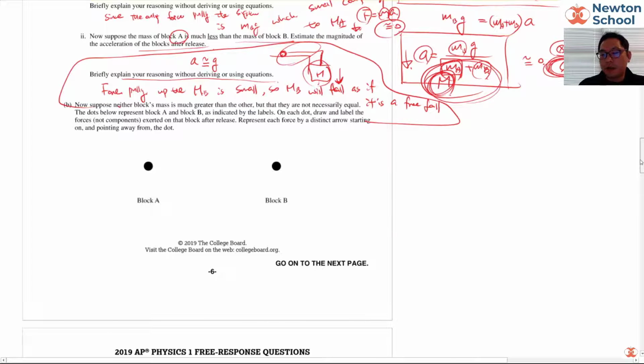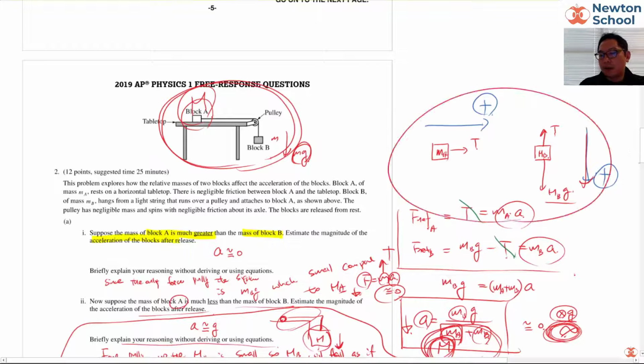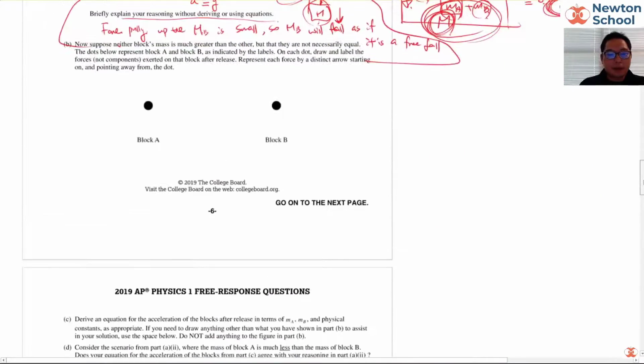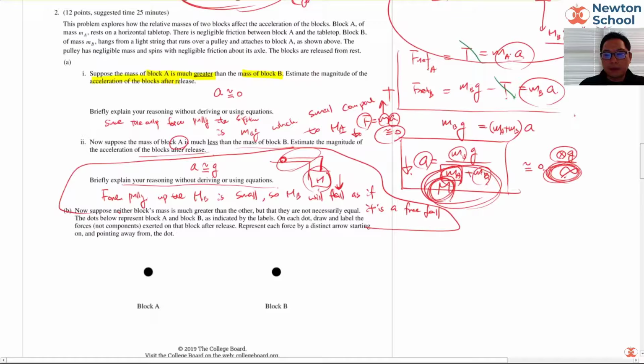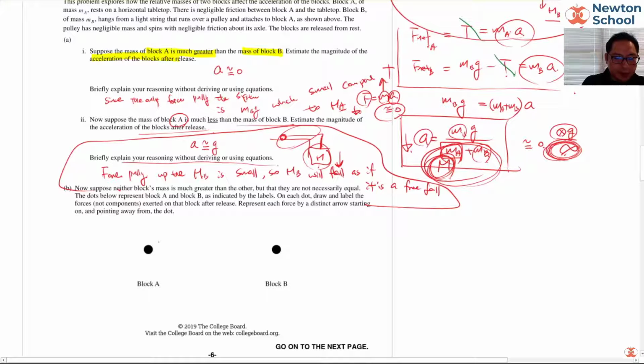This is what we did up here, but this time you have to include gravity. Block A was here, that's B. For block A, you have tension. I want to make this arrow the same size as the tension pulling also.